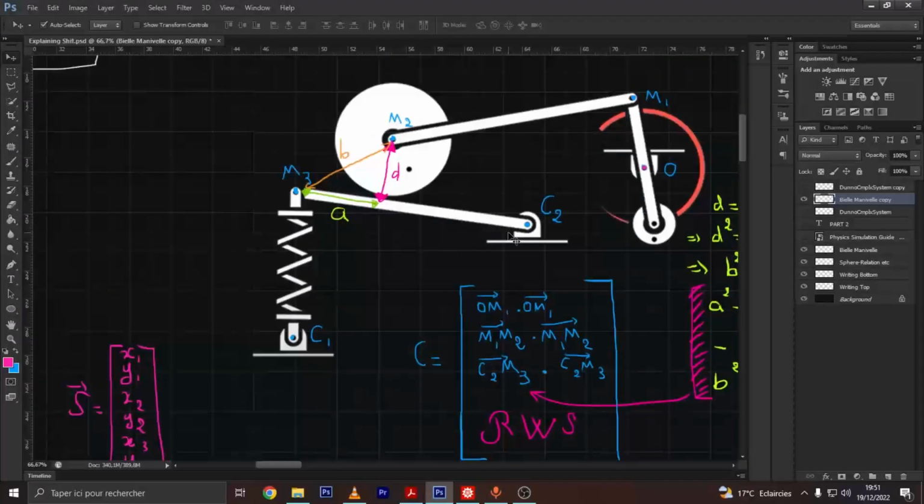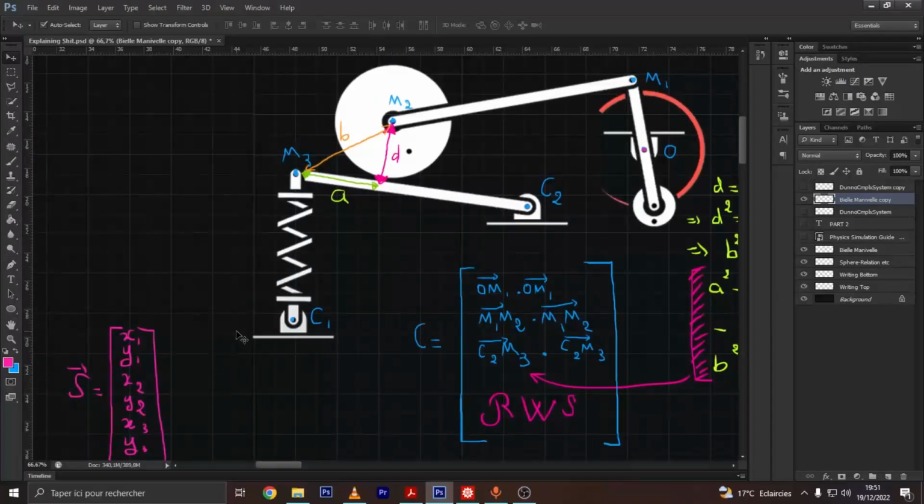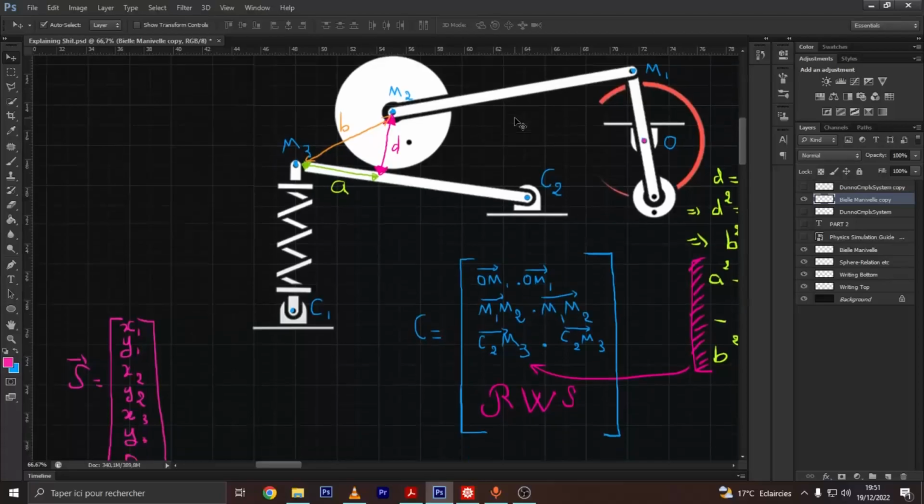As you see, the goal here is just to express this constraint as a function of the parameters and the state vector. Of course, this is S of t, and this is x1 of t, y1 of t, x2 of t. Everything depends on time and other parameters. Anyways, so this distance should be constant, and this one too, and this one too, C2, M3.